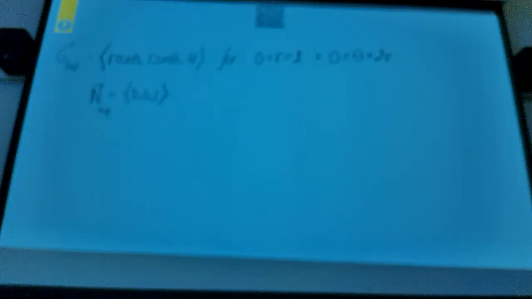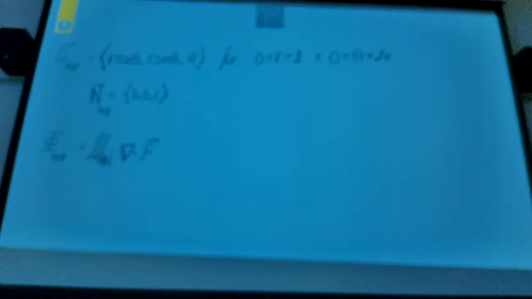So here's what we do. I'm just going to use F, I'm not going to write out the vector field. Treat it as if it was closed.